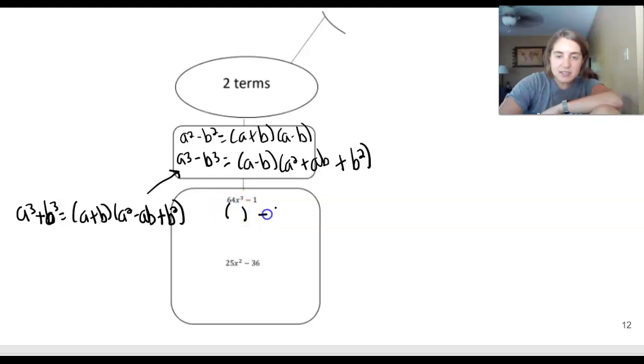I see that this is a difference of cubes. So I'm going to use my difference of cubes formula. Same. Opposite. Always positive.